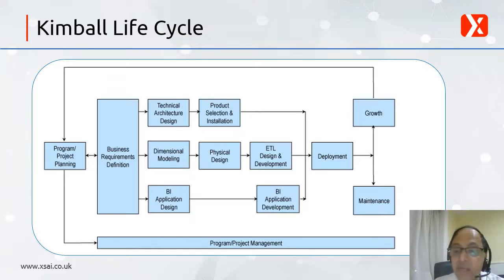Then we will start designing the data warehouse. So we have to think about the dimensional modeling, the physical design, and the ETL tools, design and development for that. Once we have laid down the framework for our data warehouse design, we can start focusing on application design and then application development.